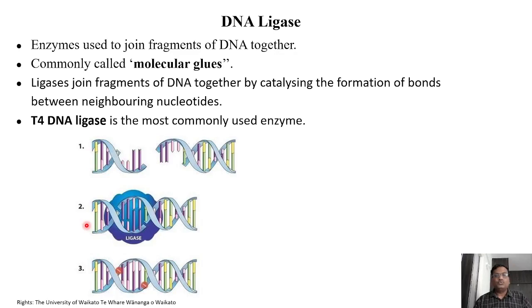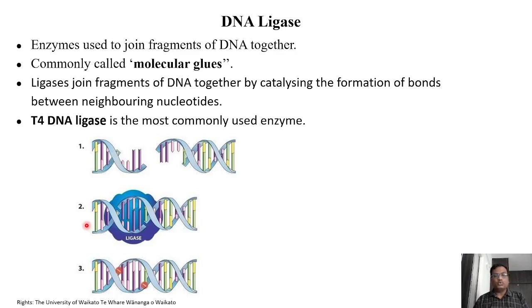DNA ligases are the enzymes used to join fragments of DNA together. They are commonly called molecular glues, as restriction enzymes are called molecular scissors because they cut, and here they are called molecular glues because they join the DNA. Ligases join fragments of DNA together by catalyzing the formation of bonds between neighboring nucleotides. The DNA is made up of nucleotides, right?